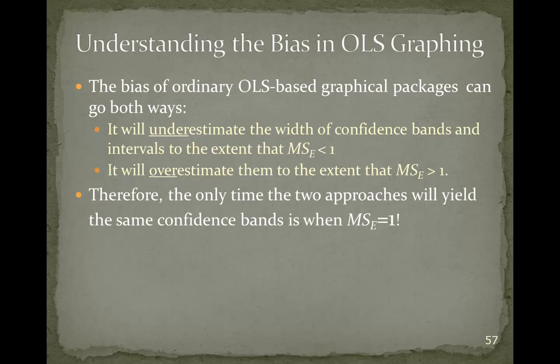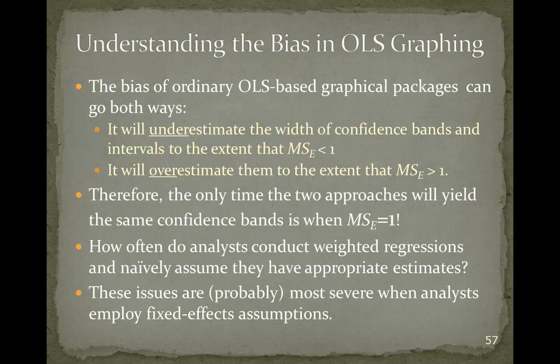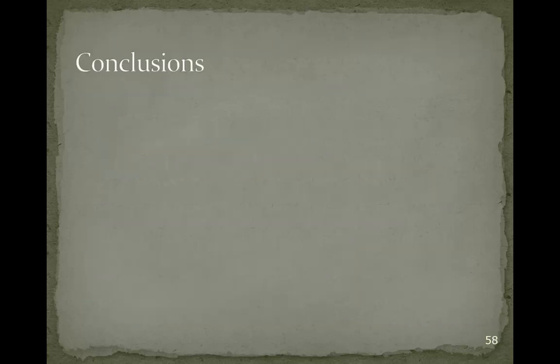So the only time the two approaches will yield exactly the same confidence bands or intervals is when the mean square error is exactly 1, or very, very close to 1. So how often do people conduct weighted regressions and naively assume that they have the appropriate estimates? I worry about it. Or when they graph them, for that matter. You should use the correct estimates, the correct ways of going at it. And as a note, those issues are probably most severe when analysts employ fixed effects assumptions because you end up with larger mean square errors in those cases. And the example I just gave you is a good one for that.